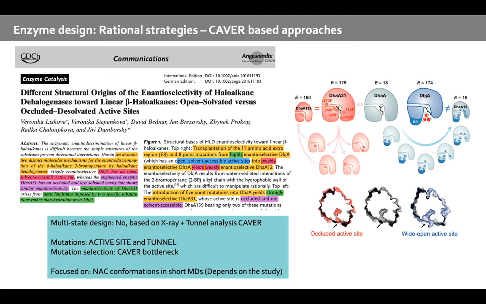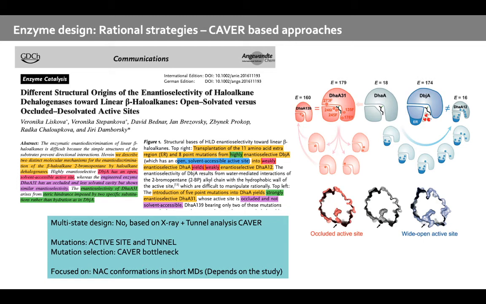However, they show in this paper that by introducing 5 mutations located in the tunnel area, let's say, then you can have a strongly enantioselective new haloalkane dehalogenase.